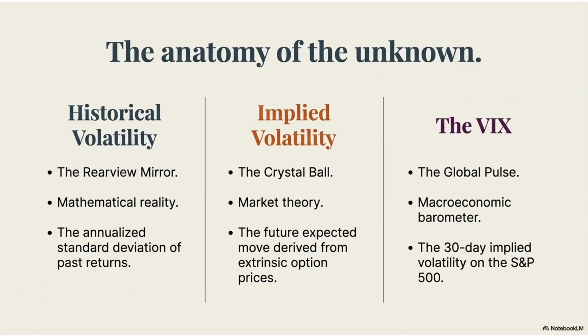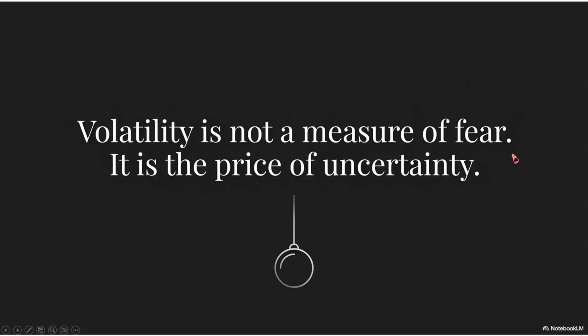And the VIX is the global macroeconomic signal measuring the 30-day implied volatility for the S&P 500. So if you take nothing else from this presentation, just remember that volatility is not simply a measure of fear, it's the price of uncertainty.